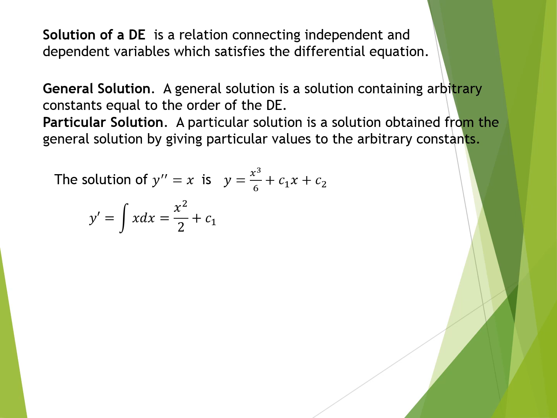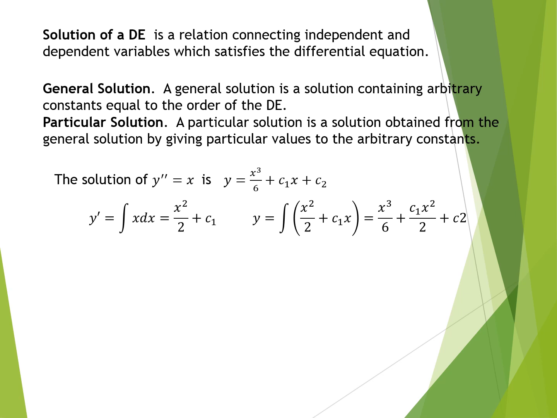The integral of x dx is x squared over 2 plus c1, where c1 is an arbitrary constant. If you integrate again, you get y, which is the integral of x squared over 2 plus c1x, that is x cubed over 6 plus c1 x squared over 2 plus c2.